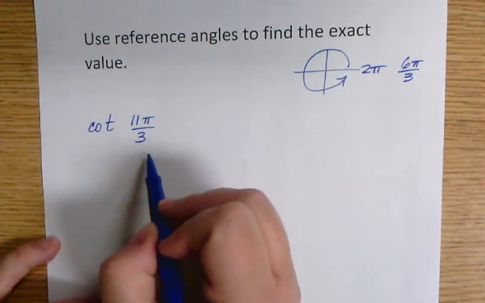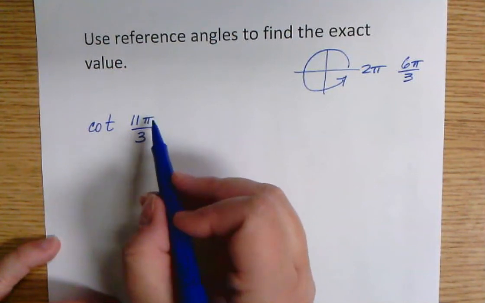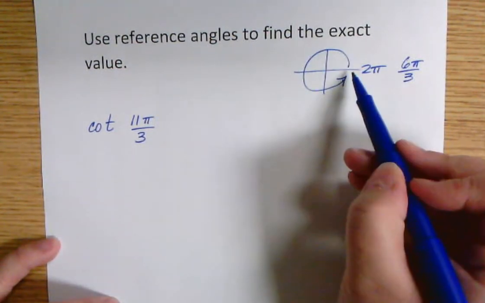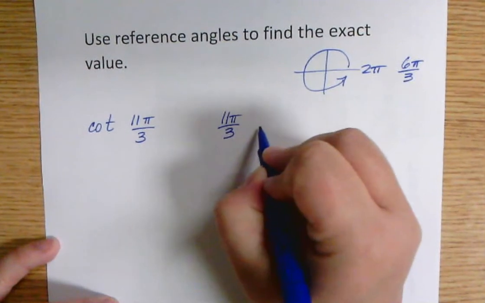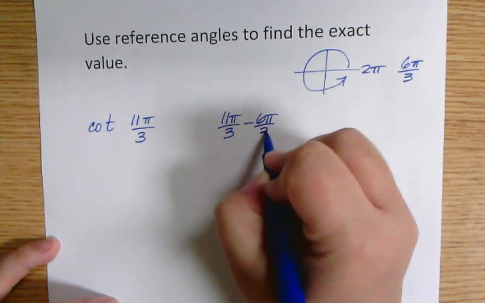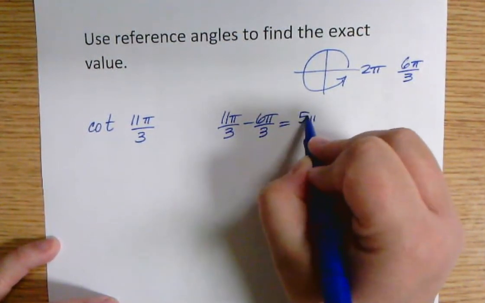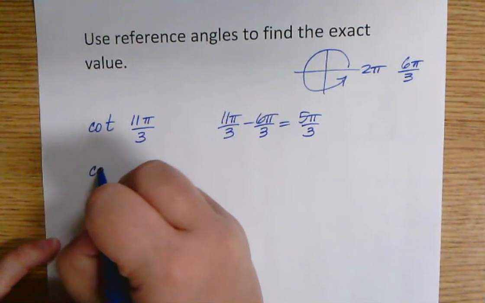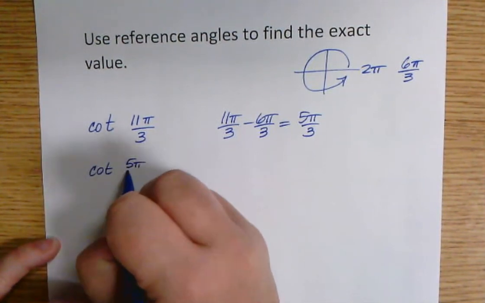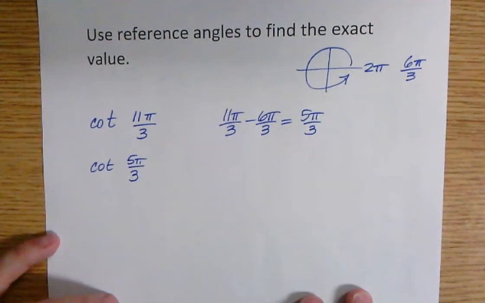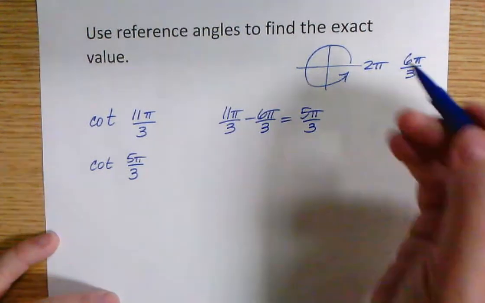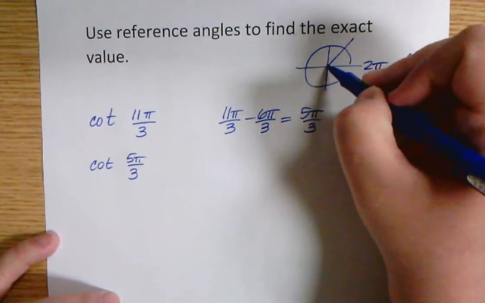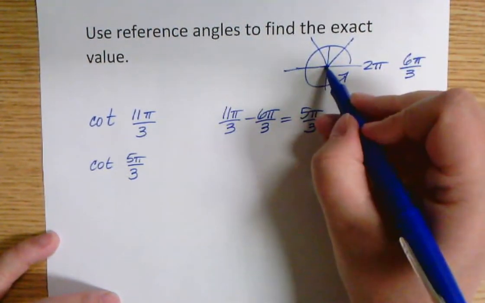The first thing I would do is find an angle that is coterminal that is less than 1 time around the circle. Meaning I would say 11 pi over 3 minus 6 pi over 3 equals 5 pi over 3. So this is going to be exactly the same as this. Coterminal means the terminal side is in the same location. 5 pi over 3: 1/3, 2/3, 3/3, 4/3, 5/3.